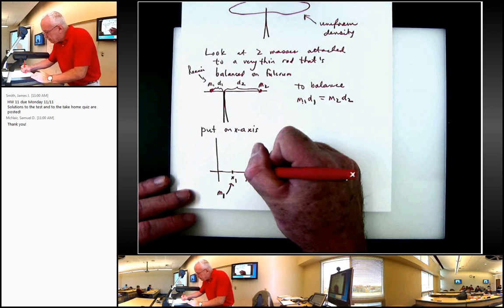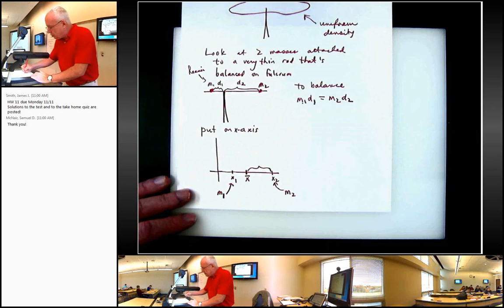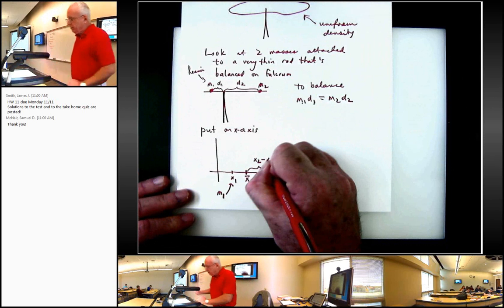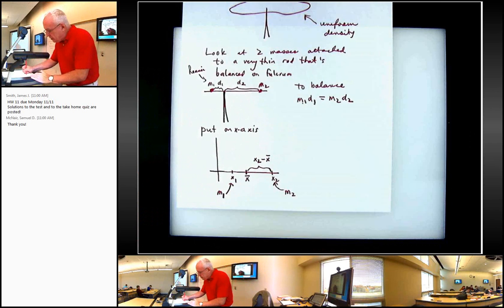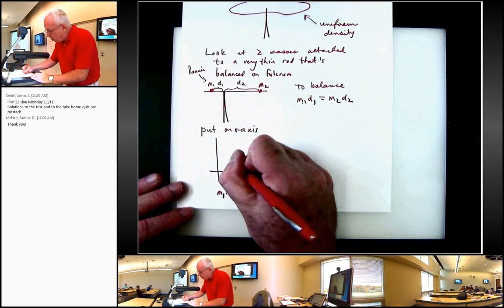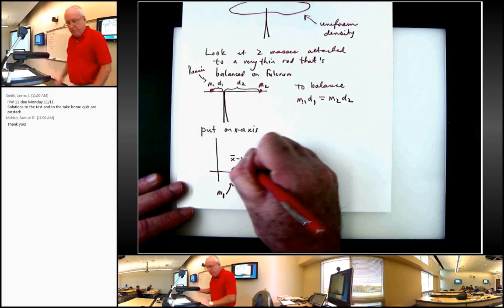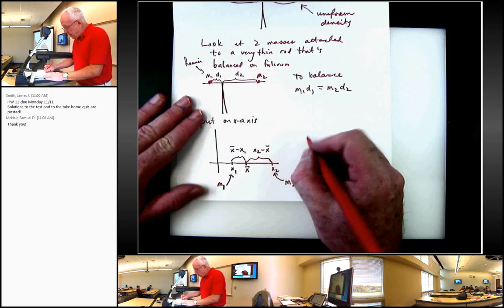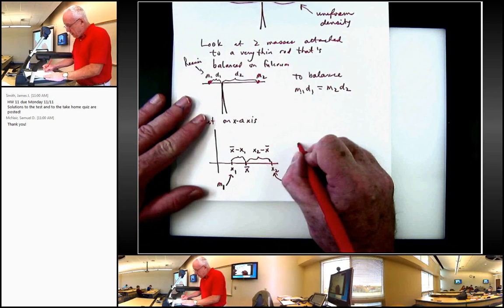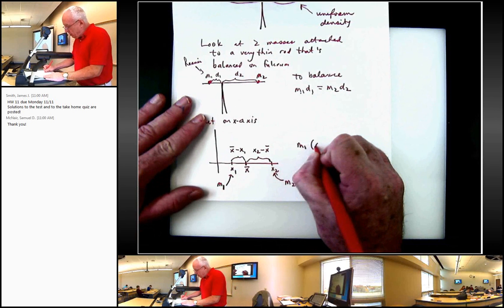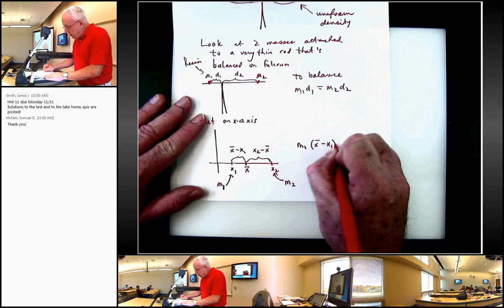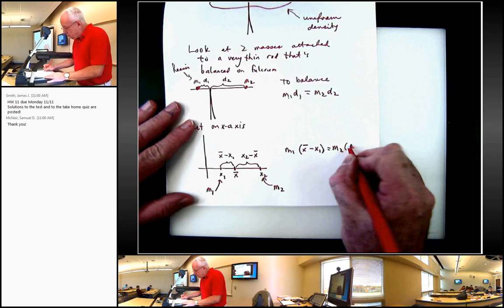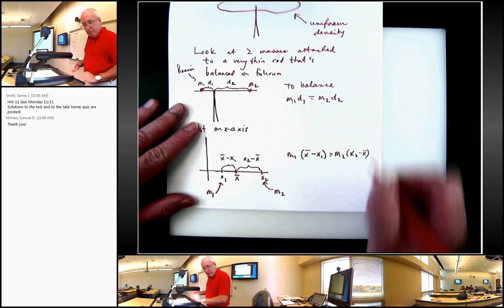The difference between these two x's is our distance. That's going to be x2 minus x bar. The distance here is going to be x bar minus x1. And so to satisfy that equation up there, we have to have m1 times (x bar minus x1) equal m2 times (x2 minus x bar), like that.